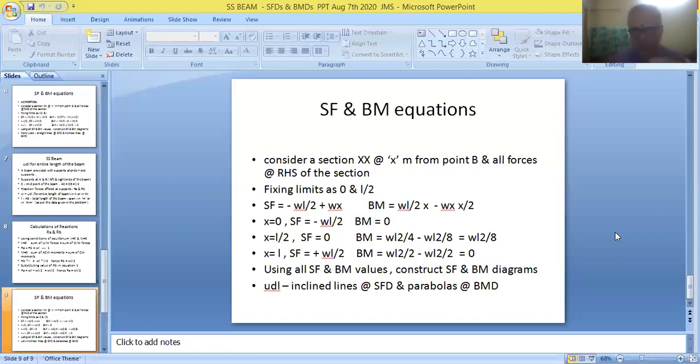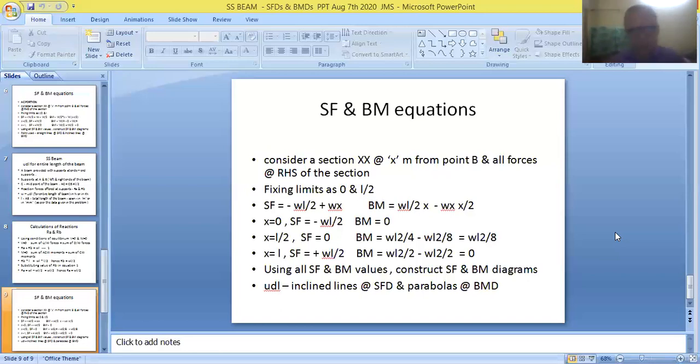Section is at a distance of X meter from point B, so it is written as WL by 2 into small x. Now we have converted the UDL of w into point load, that is WX. The point load will be acting at the midpoint of this distance, that is X meter, so the distance has to be taken as X by 2.